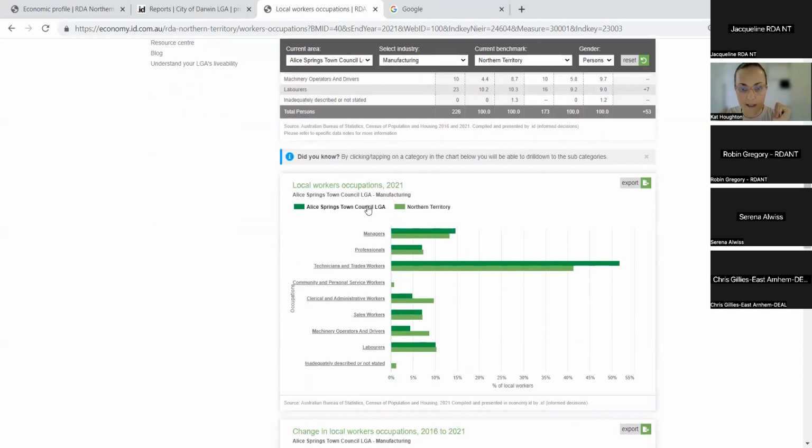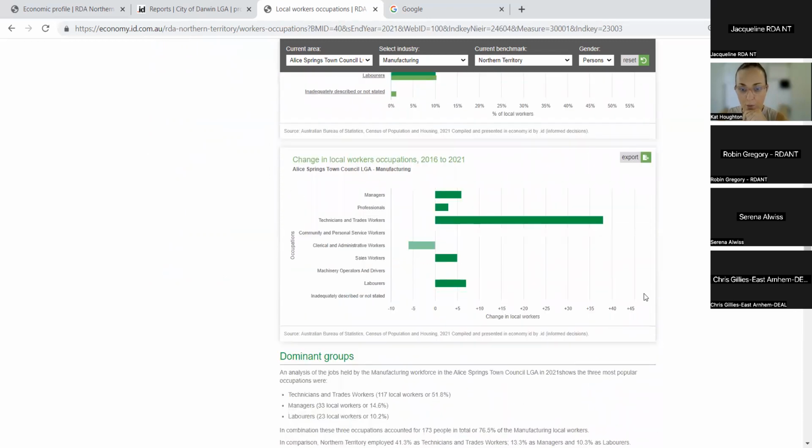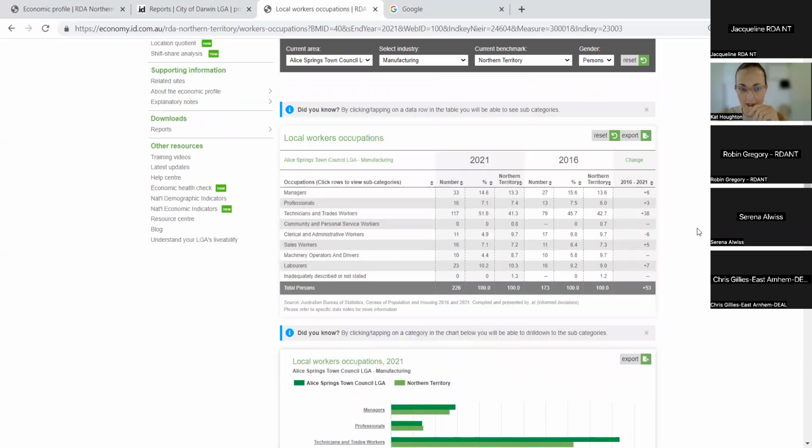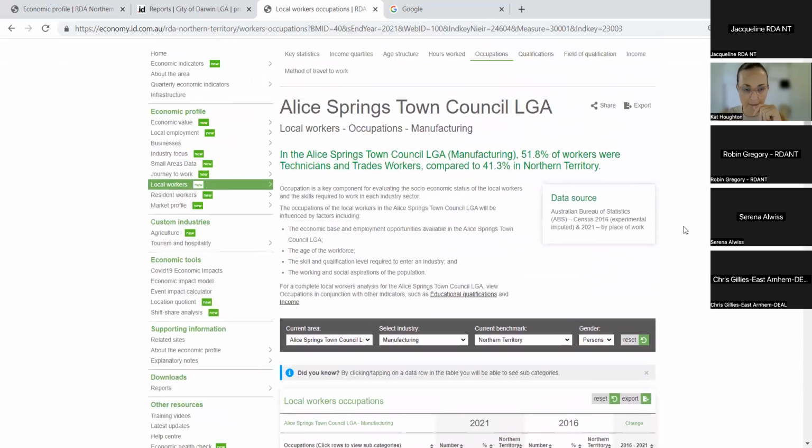We can see here local workers by occupation, so mainly technicians and trade workers, managers, and labourers in your manufacturing sector. It's a really good way of looking at what you might require to build that sector in your community. We can see technicians and trade workers have had the greatest growth between 16 and 21. You can start to piece together all the different variables of that particular sector.